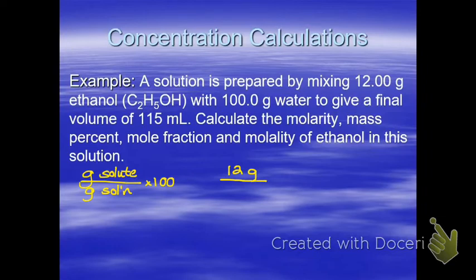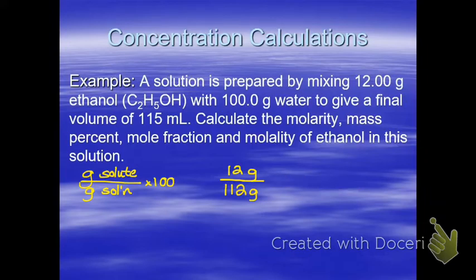Now be careful, this is grams of the whole solution, so it's not 100, it's 112, times 100. And just as we usually do, guys, let's round our percentages. I know it doesn't show this in the notes, shame on me, to 1 decimal place. And there's my answer, 10.7. Okay. Let's move on to the next one.